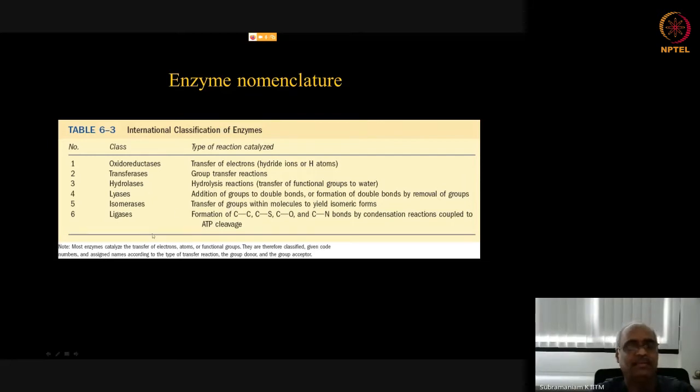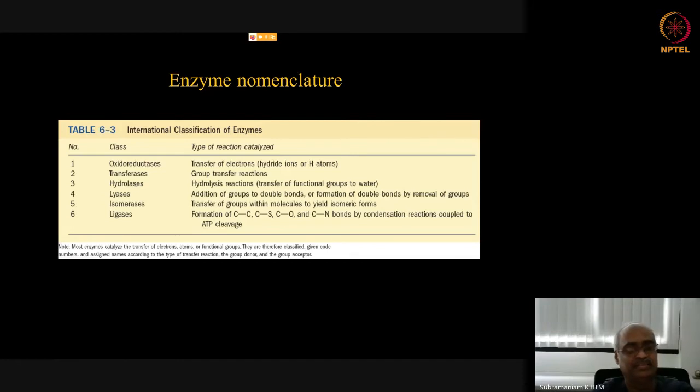Other group-breaking reactions, like addition of groups to double bonds or formation of a double bond by removing groups, are done by lyases, because they lyse. You need to distinguish this from hydrolases, because with hydrolases a water molecule is involved, and addition or removal of water is required.